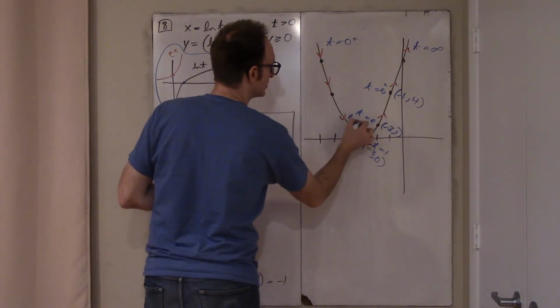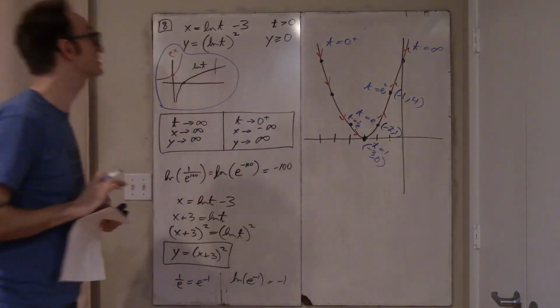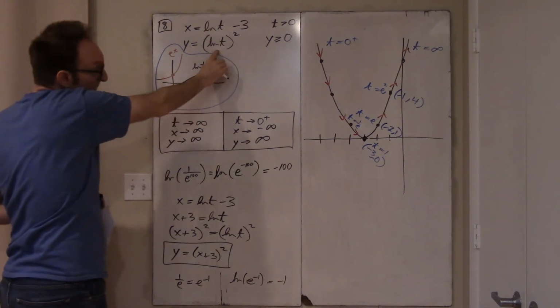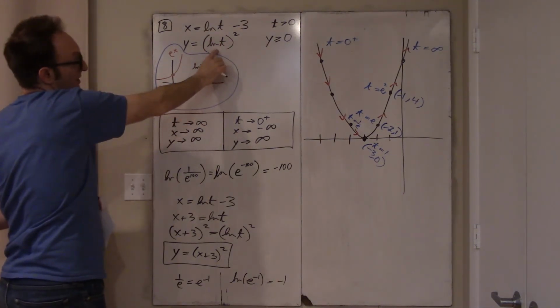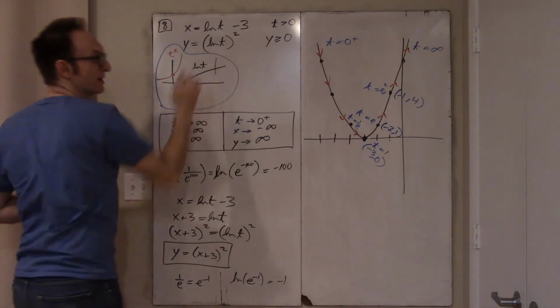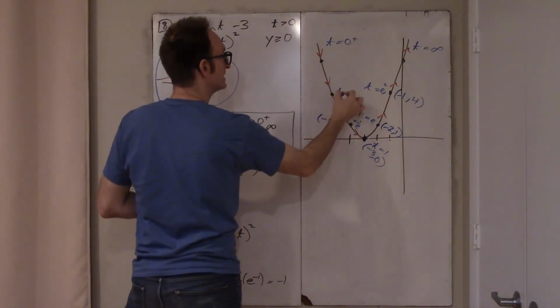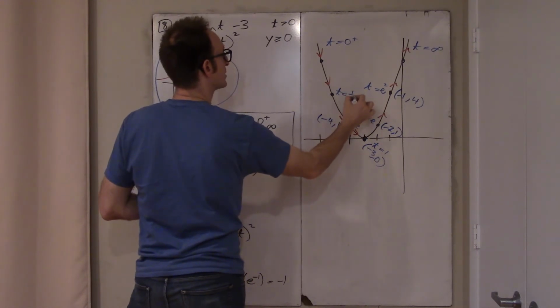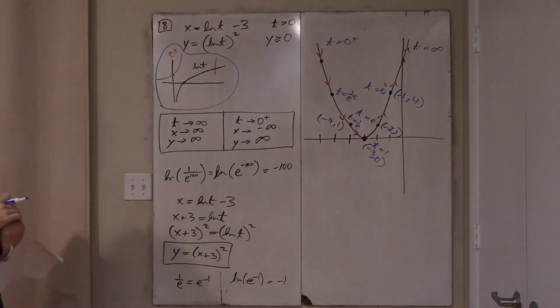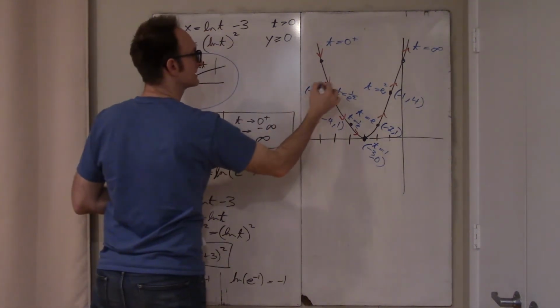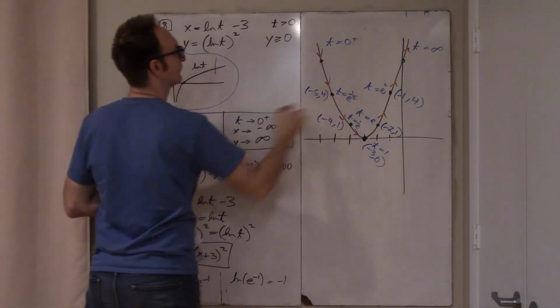This is t equals 1 over e, or e to the negative 1. When you plug that in, you get negative 4, comma, the negative 1 squared becomes 1. So you get negative 4 comma 1, and then this will be t equals 1 over e squared, which is really e to the negative 2. So the natural log of it will be negative 2, and that's why that is negative 5 comma 4.